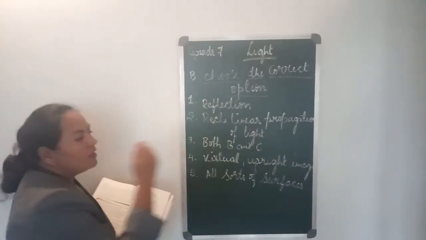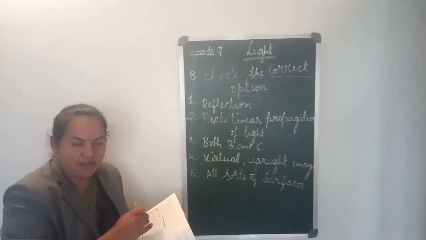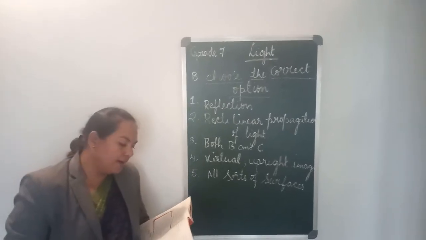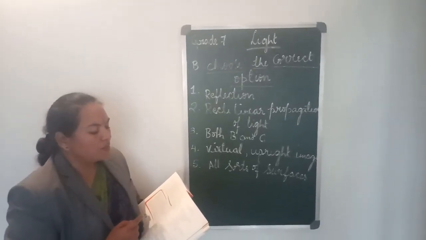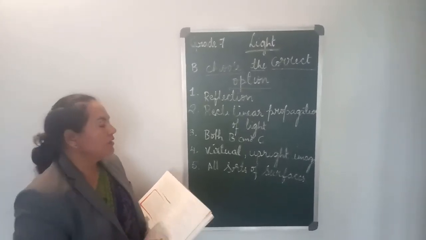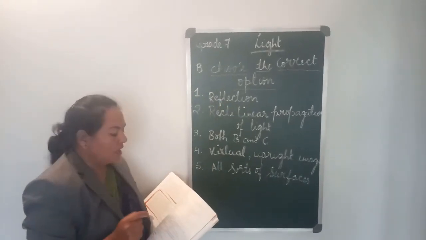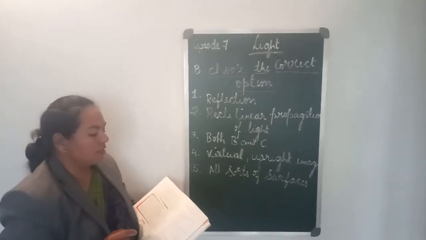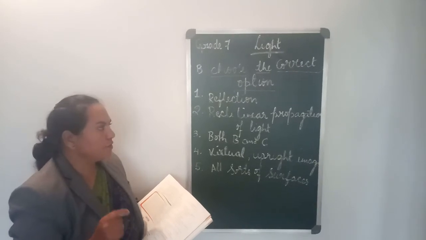Let us rewind the first one and then we can move to the next question. Clear? I'll just read out. What is bouncing off of light from a surface called? It is called reflection, the correct option. Which phenomenon is responsible for the formation of shadow?